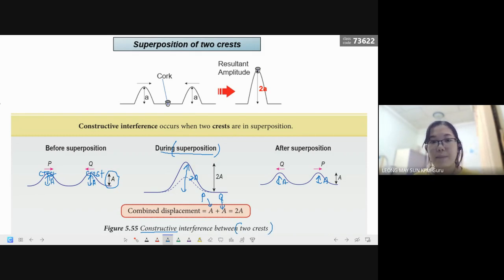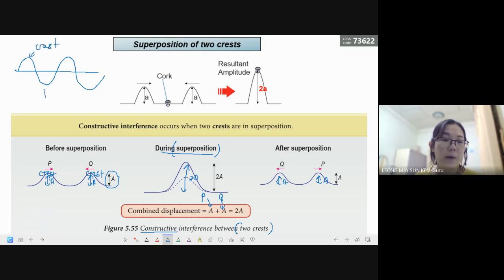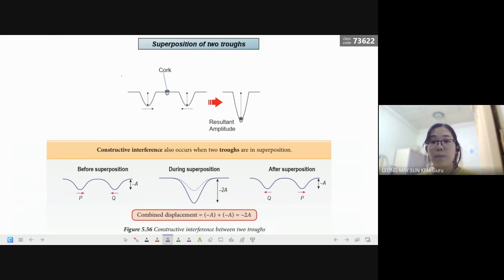Previously we talked about a wave having a crest and a trough. This part is the crest, and this part is the trough. So what happens when a trough overlaps a trough? It will also be constructive interference. Constructive interference also happens when two troughs are in superposition.